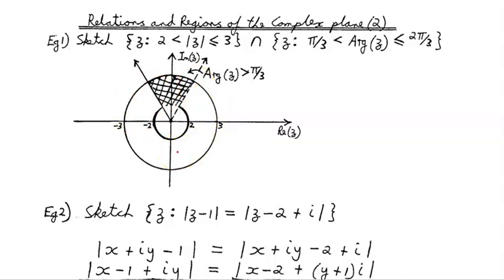But we now want to intersect that with the principal argument of z being greater than pi on 3, so greater than 60 degrees, but equal to or less than this angle over here, 2 pi on 3. But at 2 pi on 3, the points are included, so we want all that.